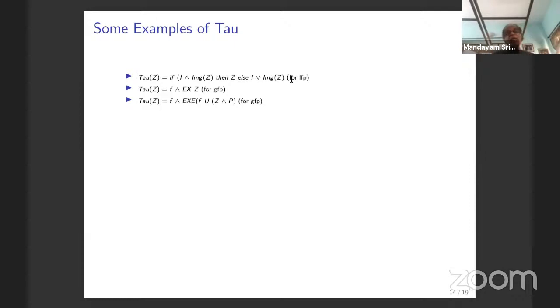Then to that I'm adding image Z, but I'm only adding it conditionally. If that image of I already has an I, then I found a lasso. So I'm stopping at that. The moment I find a lasso, I stop.